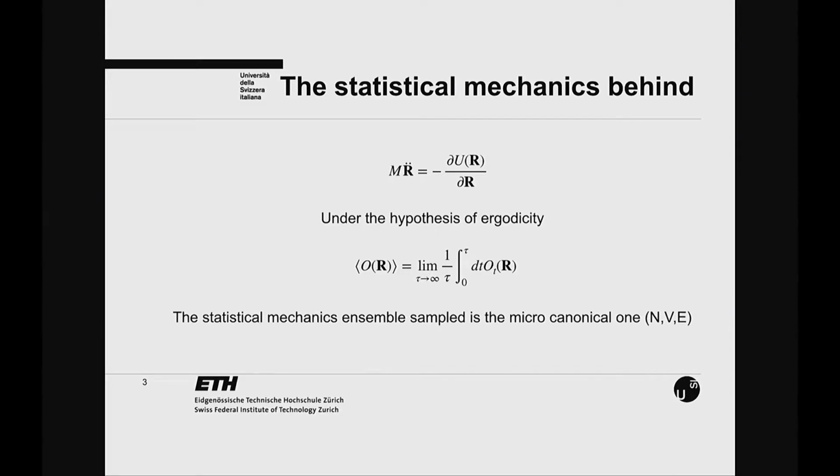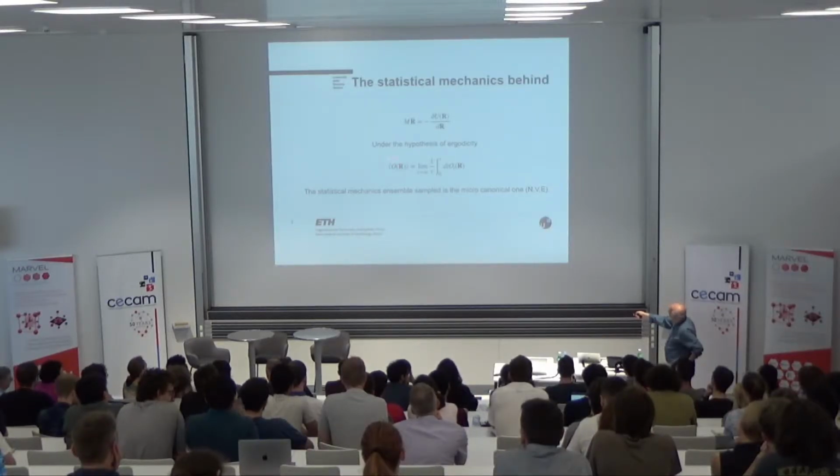Molecular dynamics, as you all know, is based on Newtonian dynamics. So you assume your particles obey Newton's equations of motion, and so if you know the interaction potential in which they interact, the evolution of the system can be followed, and under the hypothesis of ergodicity, you can relate temporal averages to statistical averages.